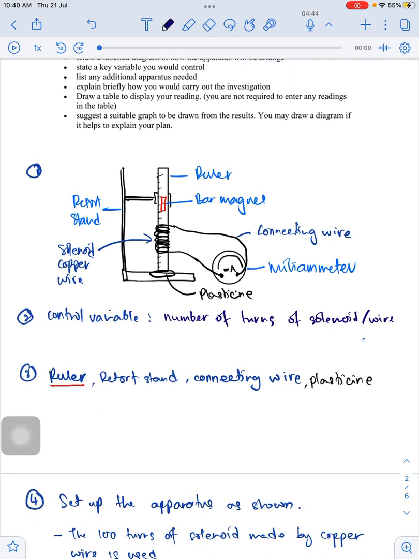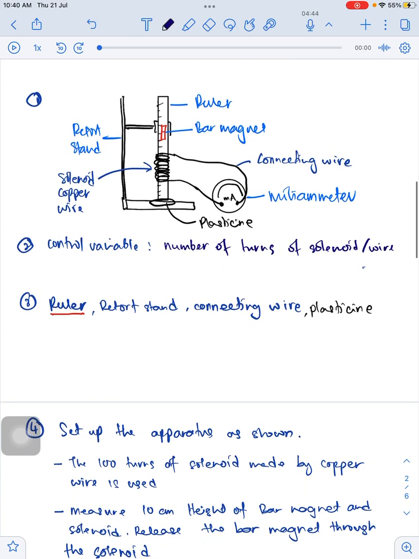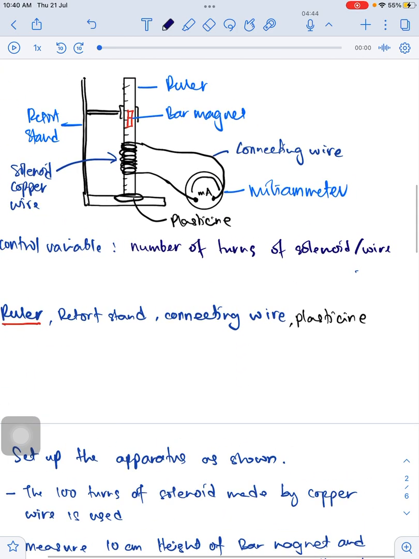Alright, so the second one is the key variable. The control variable is the number of turns of the solenoid. We use the same number of turns of solenoid, or the same solenoid, for all the experiments, or you may also use the same size of solenoid.